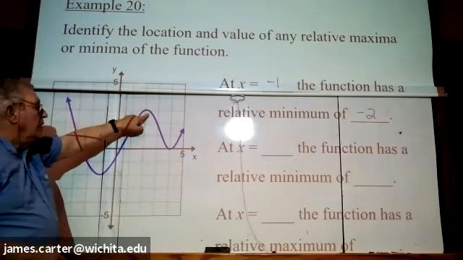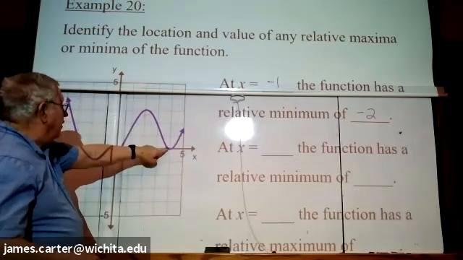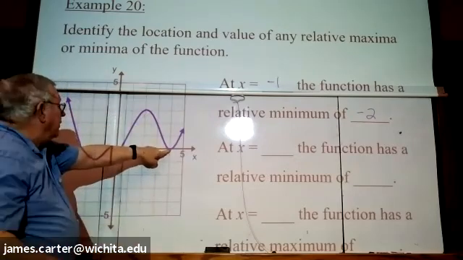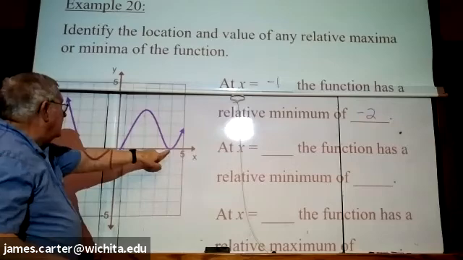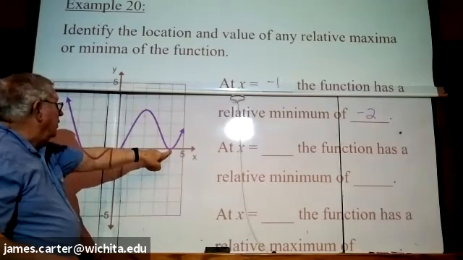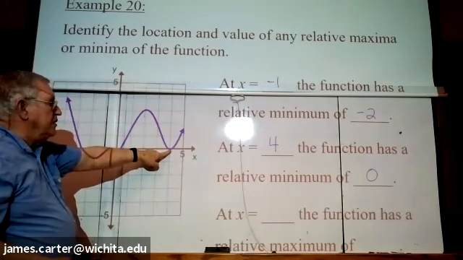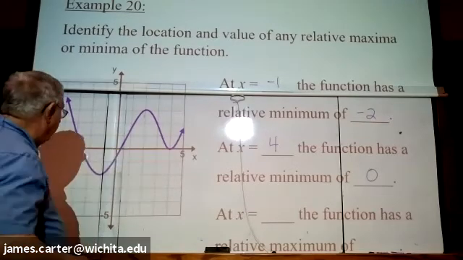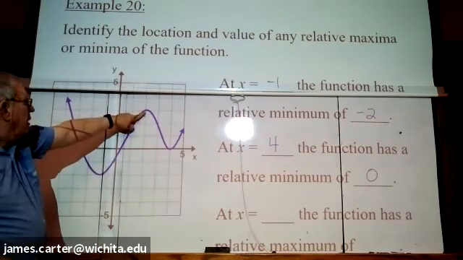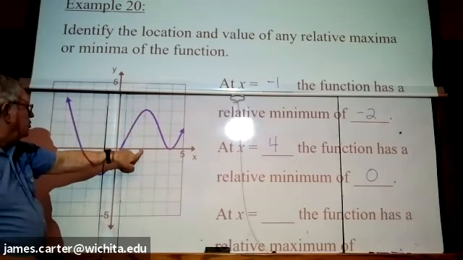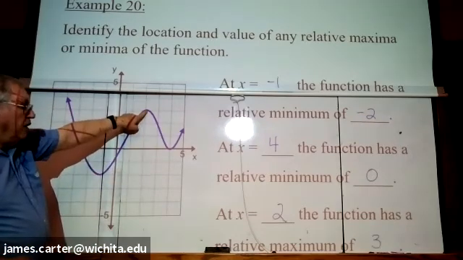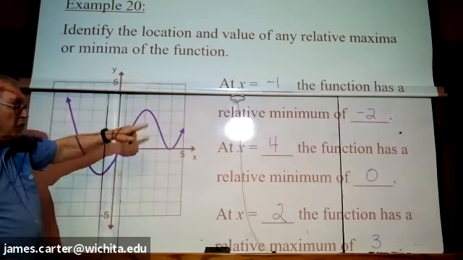At this one, where it asks about a minimum again, where x equals 4, we have a relative minimum of 0. Here, at x equals 2, we have a relative maximum at y equals 3.